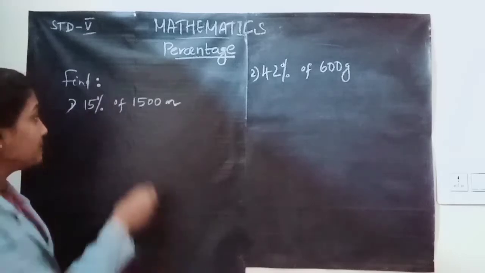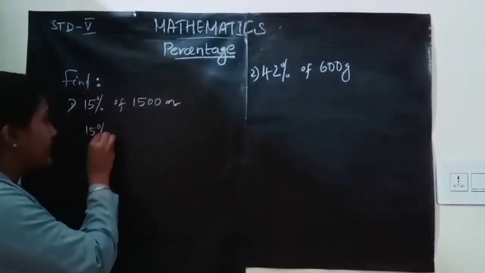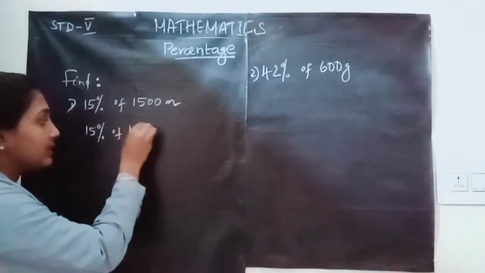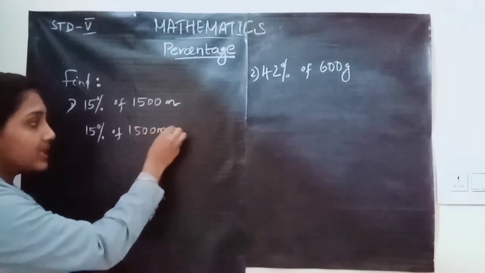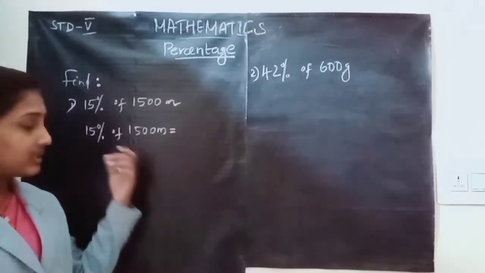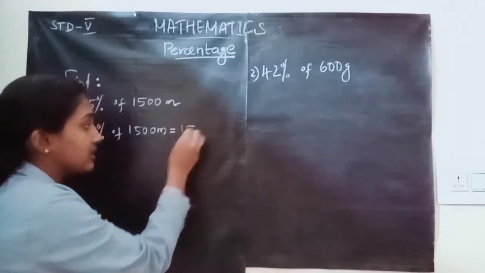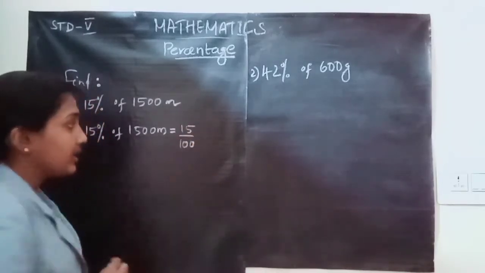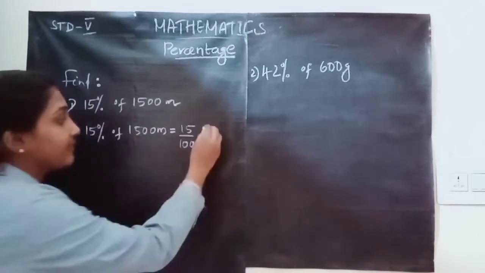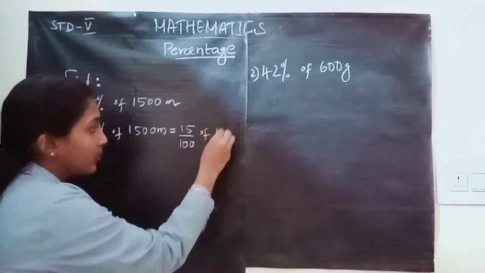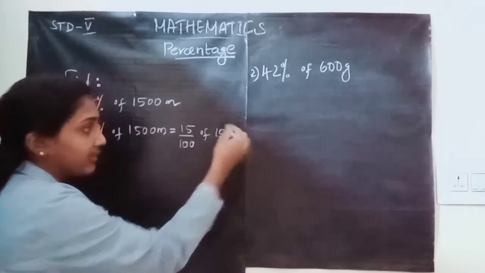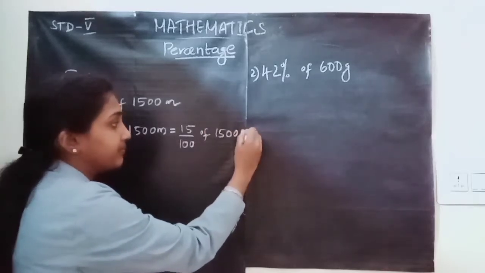Okay, and this 15% we can represent as a fraction, right? It is 15 by 100 and we need to find 15 by 100 of 1500 meter.